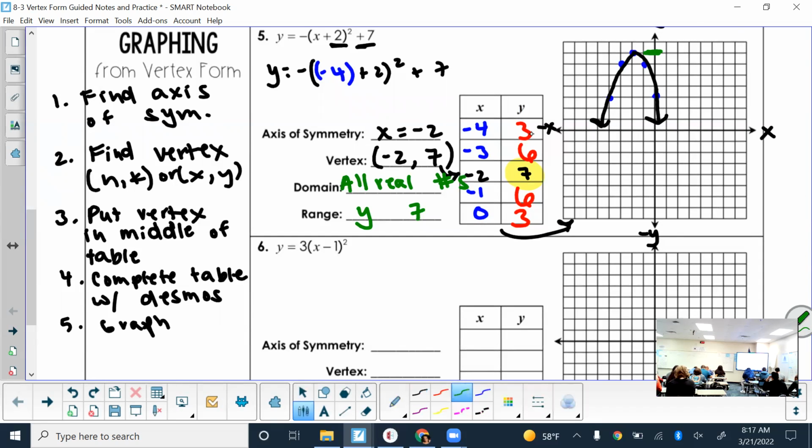Now, would you say that these y values are greater or less than 7? And then does it touch 7? So less than or equal to. And you can also just memorize that negative parabolas will always be less than or equal to. So questions on 5?